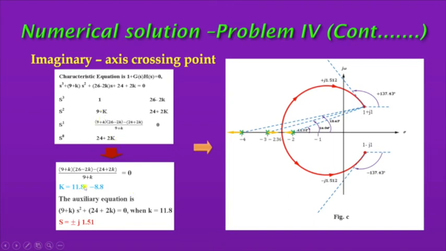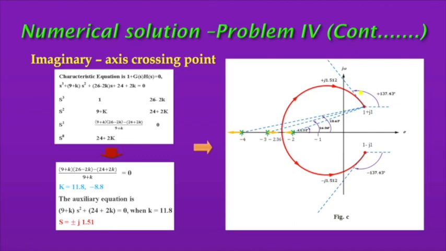Then taking the auxiliary equation, 9k s squared plus 24 plus 2k equals 0. When k equals 11.8, then s equals plus or minus j 1.51. So at that point, k equals 11.8 and s equals plus j 1.51 and minus j 1.51.